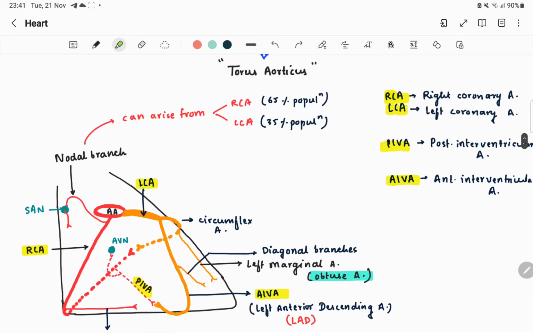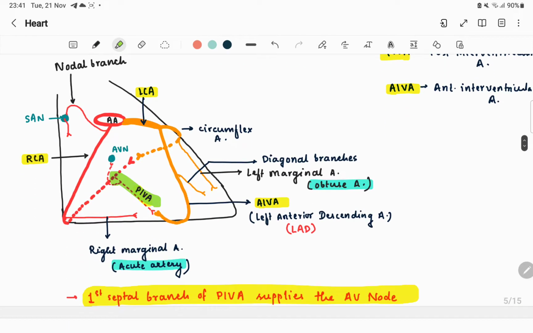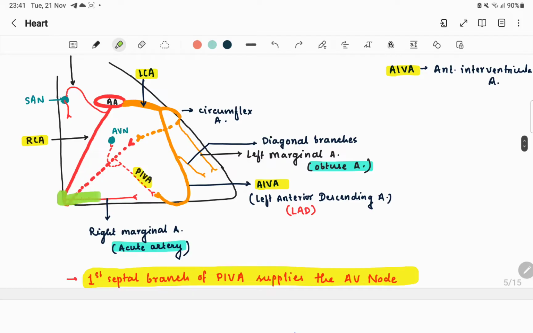What is PIVA? It is the posterior interventricular artery. And this PIVA fuses with the AIVA. Very simple. Another branch is supplying your AV node. And then you have another branch of your right coronary artery, which is given in front, called the right marginal artery or acute artery.